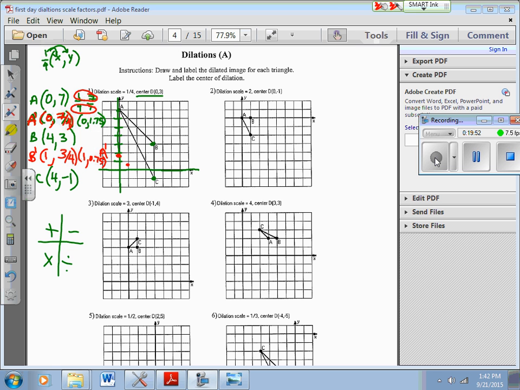All right, for C, 1/4 times 4 is 1, comma, and then 1/4 times -1 would be a negative 0.25. Now, do you see that that's a little piece of 1 whole unit?